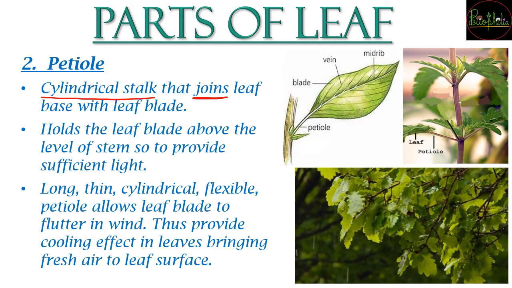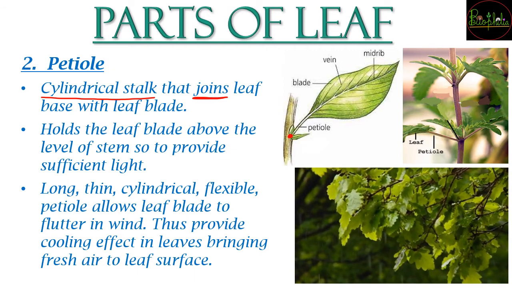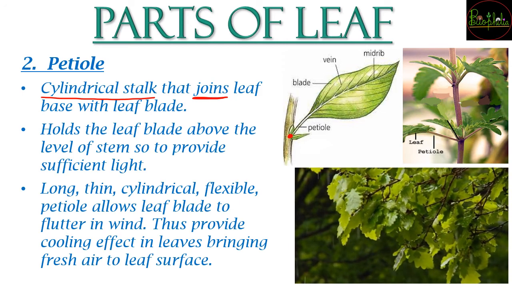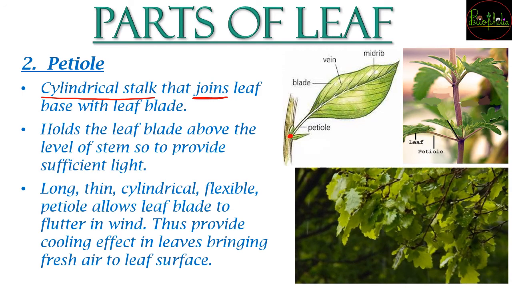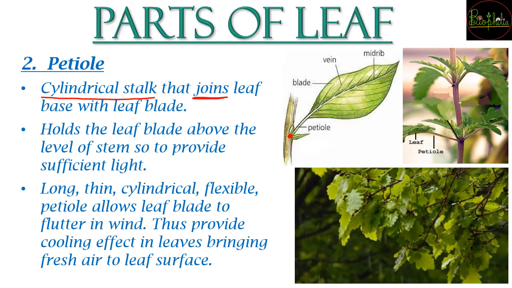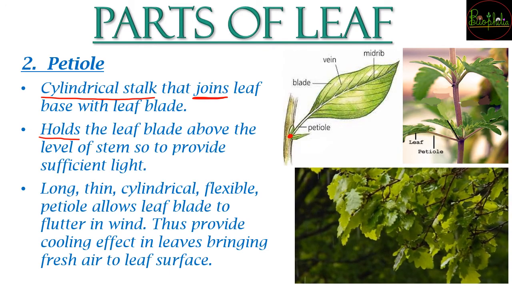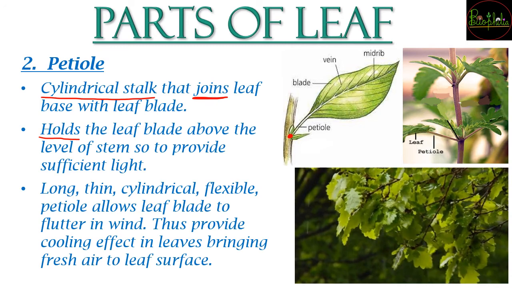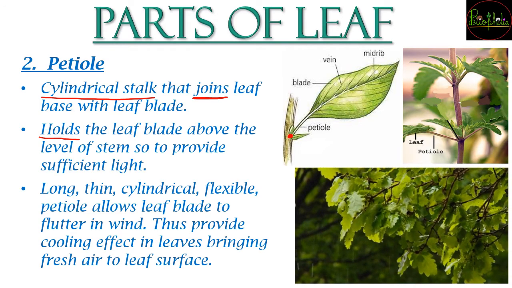So what will the leaf base do? The leaf base is going to be the point where it gets attached to the stem. But from the stem up to the green region of the leaf, that stalk of the leaf is called the petiole. So it is going to hold the leaf blade above the stem so that it can provide sufficient light.